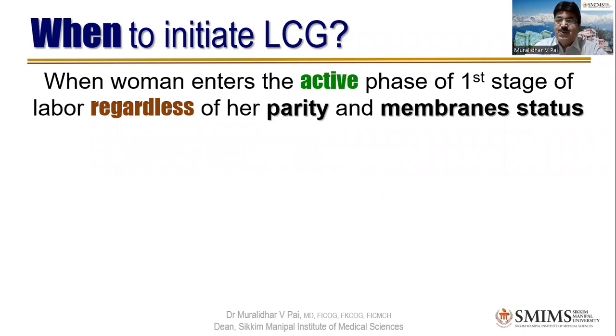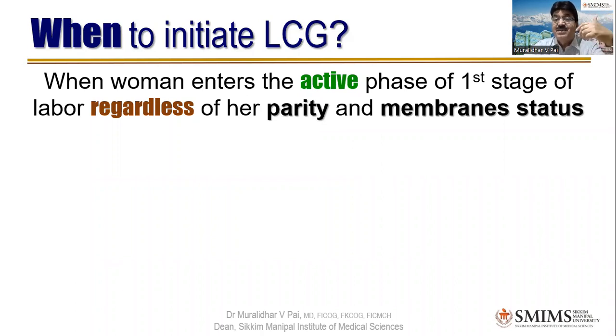Both the old Partograph and this new labor care guide are started when she enters the active phase of the first stage of labor, regardless of her parity, whether she's primigravida or multigravida. So what are the things I'm telling? The labor care guide can be used in third world country or first world country, primary care or tertiary care, low risk or high risk.